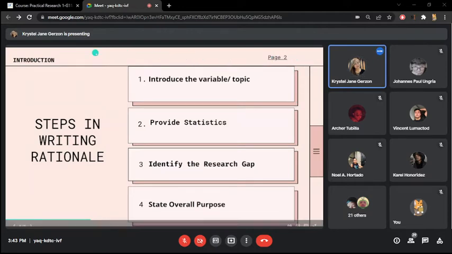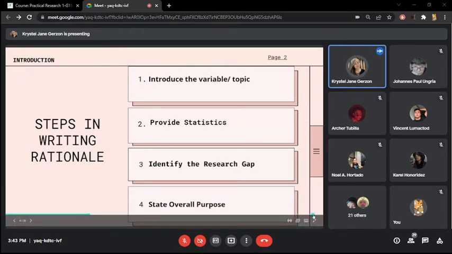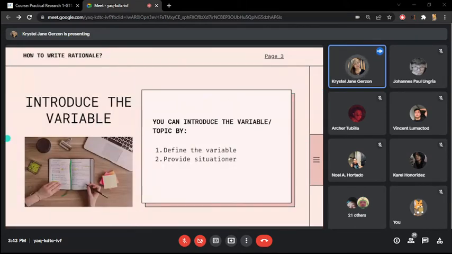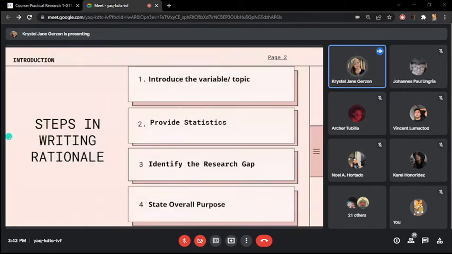But it's not a guarantee that your teacher will teach you how to write the rationale, theoretical background, etc. Because it is already expected that you already know about these things since this is taught here in practical research 1. So as much as possible, keep your notes, download whatever you can download and save it so you can use it next sem.